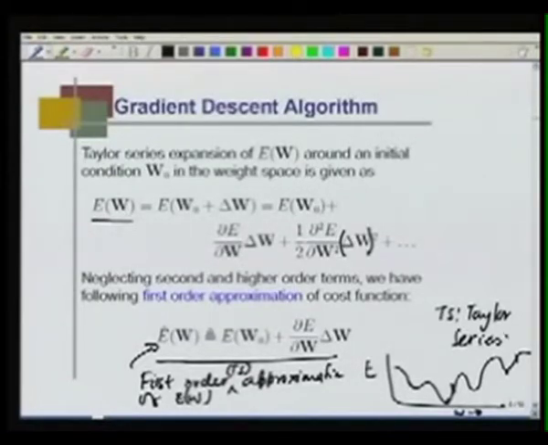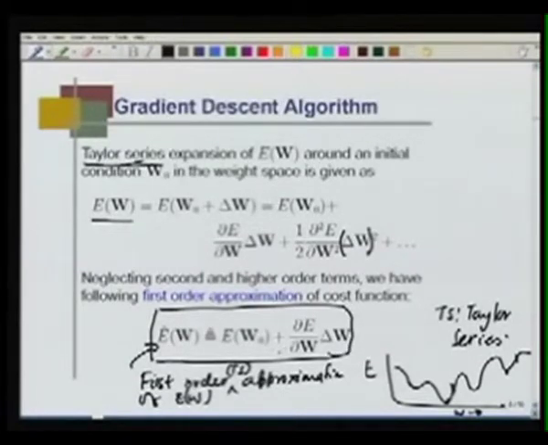This is what we have written here. So this Taylor series expansion of the cost function, the first order Taylor series, looks like what is given in this block.